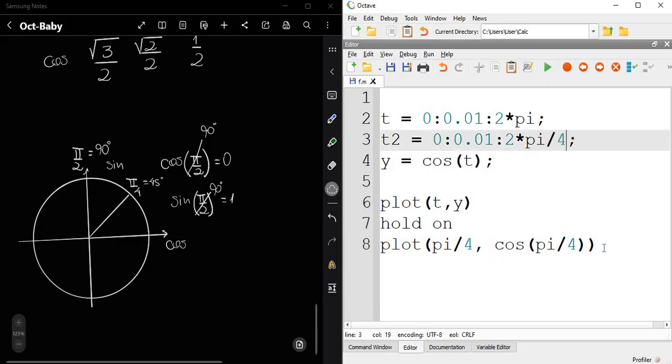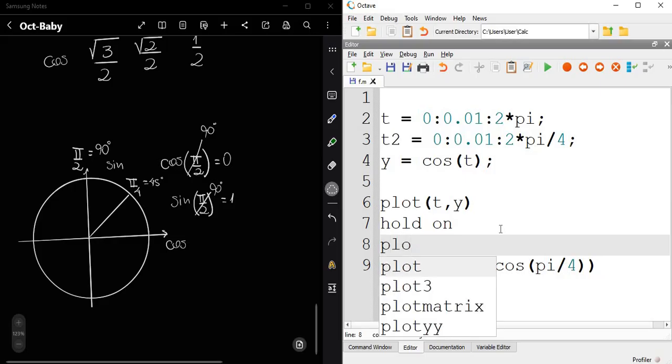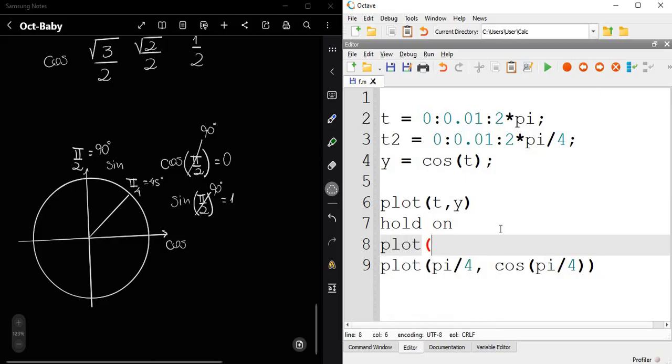And also ask to plot T2 and y in a different line width. I let it this way. Let's see what happens. And again, hold on.